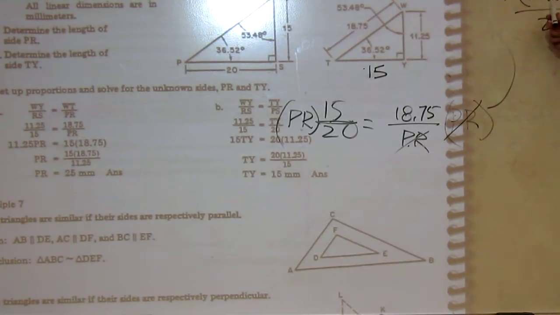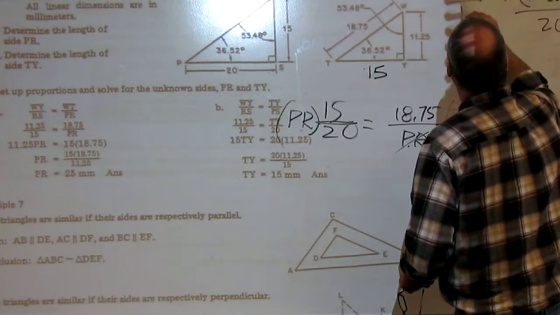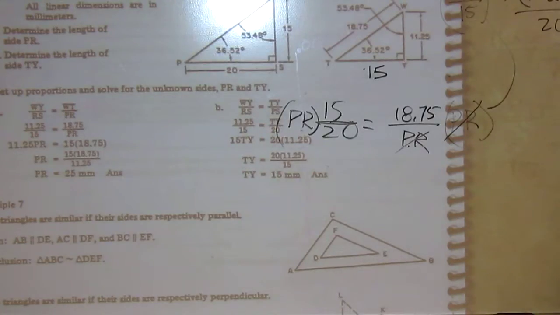Now I've accomplished getting PR into the numerator. Now I want to get these two terms over here. Remember how we do that? Invert and multiply? Okay. So in essence, I'm going to take this side and times it by 20 over 15. And I'm going to take this side and times it by 20 over 15. This 20 cancels with that one. That 15 cancels with that one.